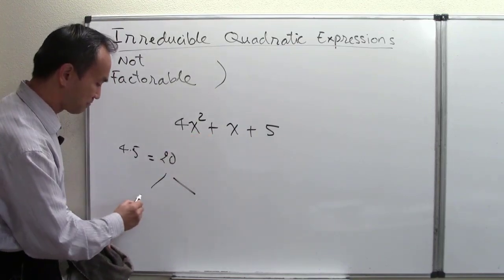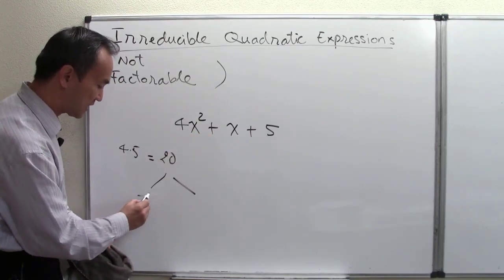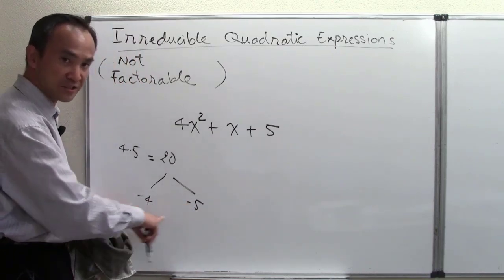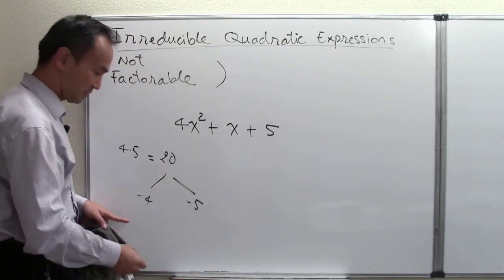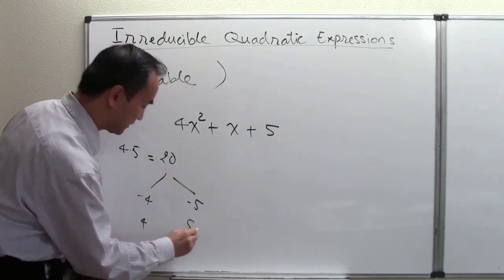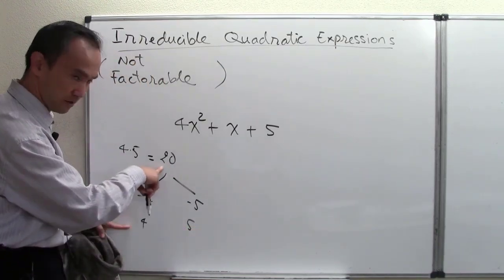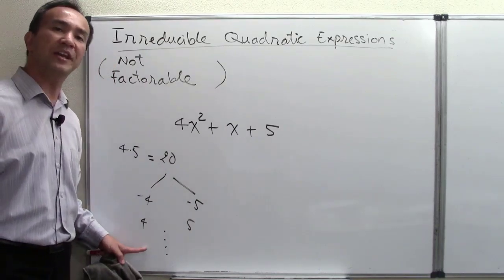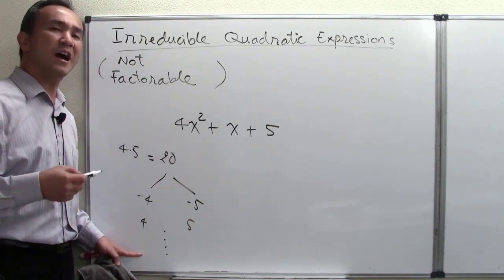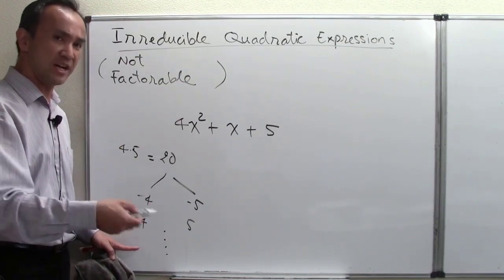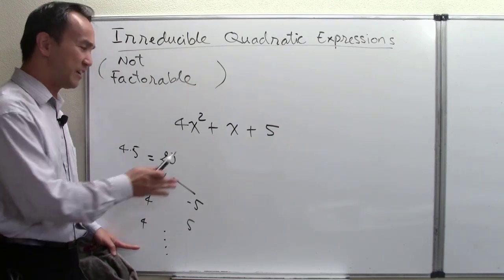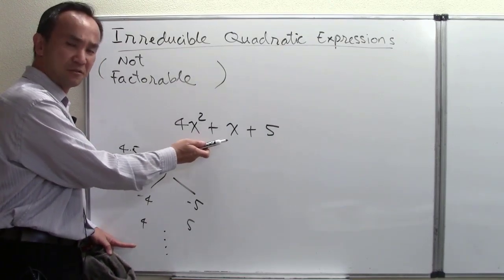So think about it. I can try a few. Minus 4, minus 5. Those are factors of 20, but that doesn't work. 4 and 5, those are factors of 20, but that pair doesn't work either. You can pause the video and keep searching for more. And now it starts ringing a bell about whether we can indeed factor this quadratic.